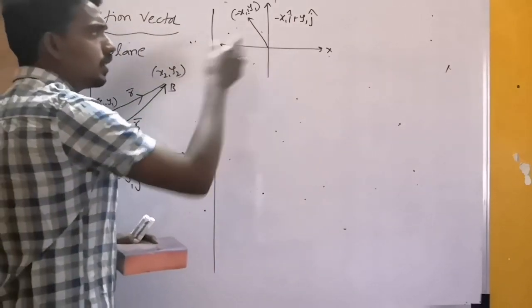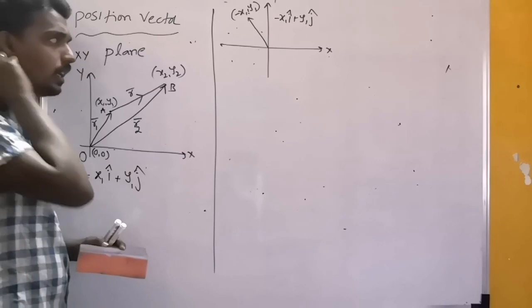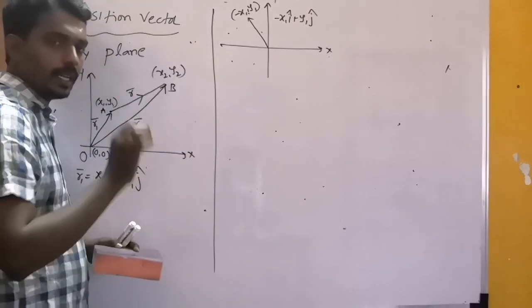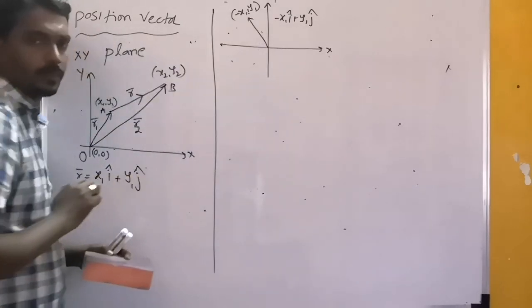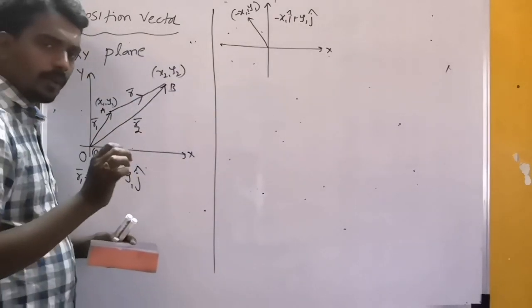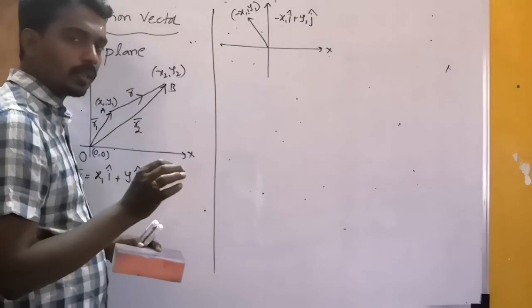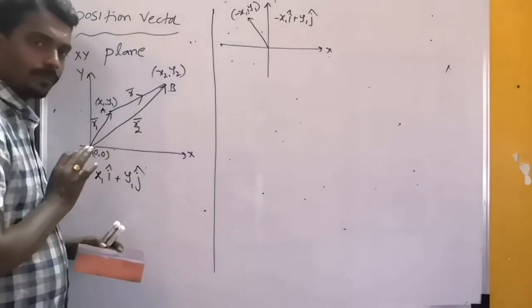So the position vector of a particle in the xy plane or any plane depends on its coordinates. The position vector is always defined with respect to the origin only.